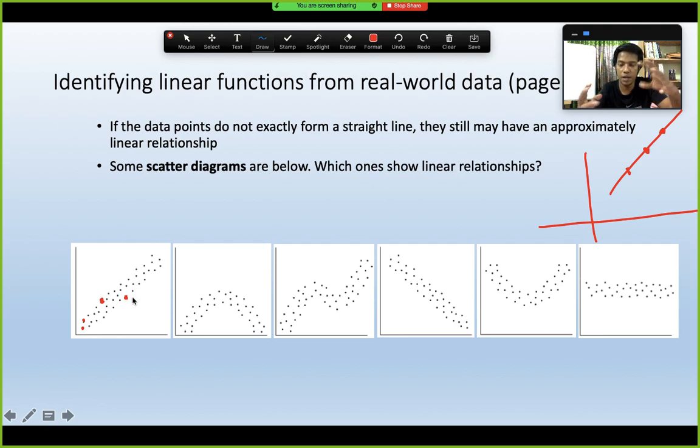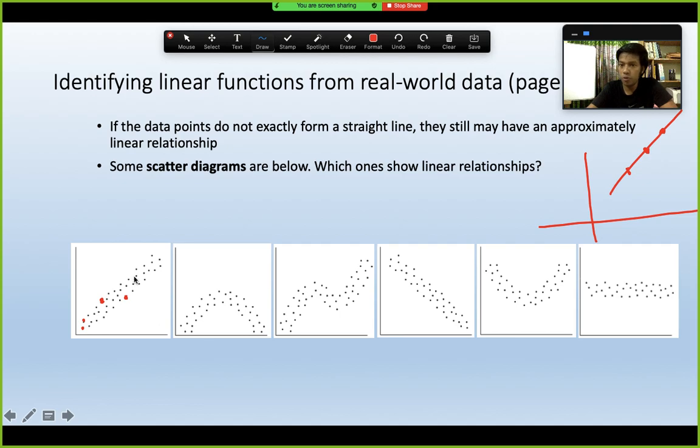They are in different places a bit. If that is the case, then we will call this a scatter diagram, this is another scatter diagram, this is another scatter diagram. If the given points are scattered, then it is a scatter diagram.